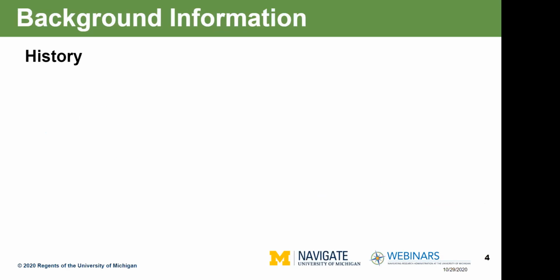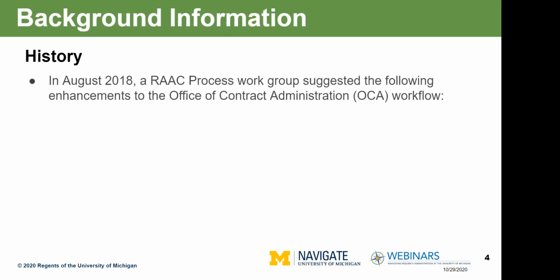So I'll get started here. A little bit of history about how we got to where we are. For those of you who know, the Research Administration Advisory Council is comprised of different subcommittees that work on various projects. The RAC Process Subcommittee commissioned a work group back in August 2018 to look at some enhancements that could be made to the process within the Office of Contract Administration, or OCA.